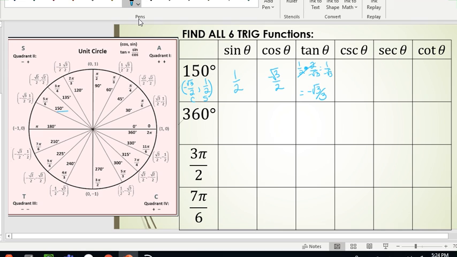Okay? Cosecant means I'm going to go back to sine, and I'm just going to flip sine. 2 over 1. Secant means I'm going to go back to cosine. I'm just going to flip it. So I get negative 2 over the square root of 3, which is negative 2 root 3 over 3. You have to rationalize. Cotangent means that I want to take cosine over sine.